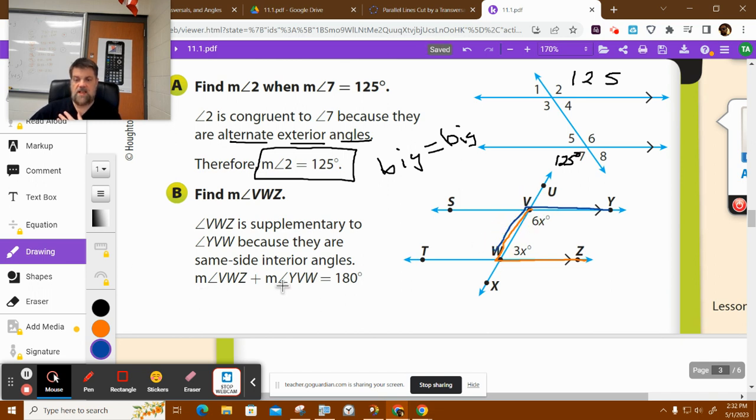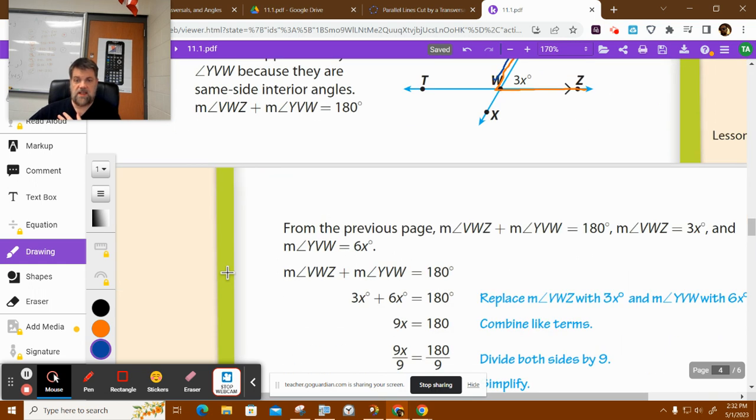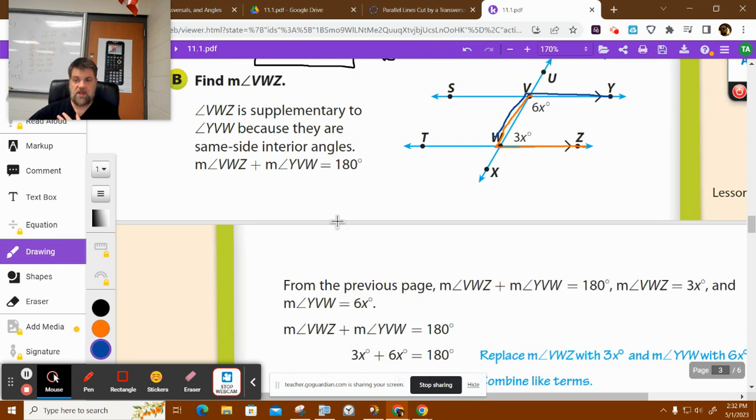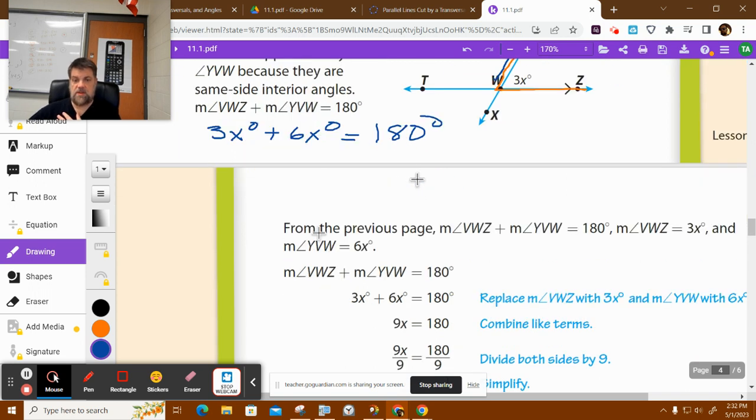Well, they're saying that this is equal to 180, so in order to get the answer, I have to add them up. In other words, I'm going to say VW, this is 3x degrees plus 6x degrees is equal to 180 degrees. So that's what they did.